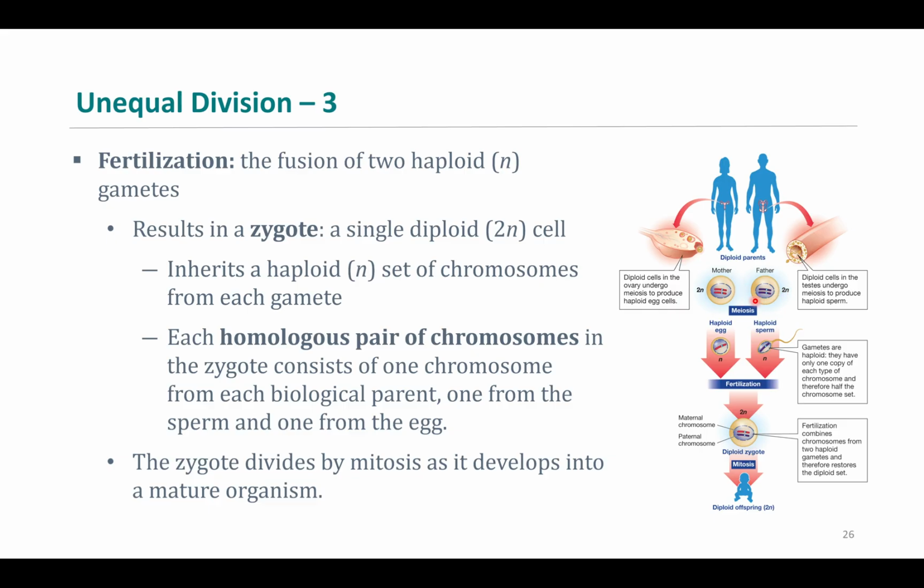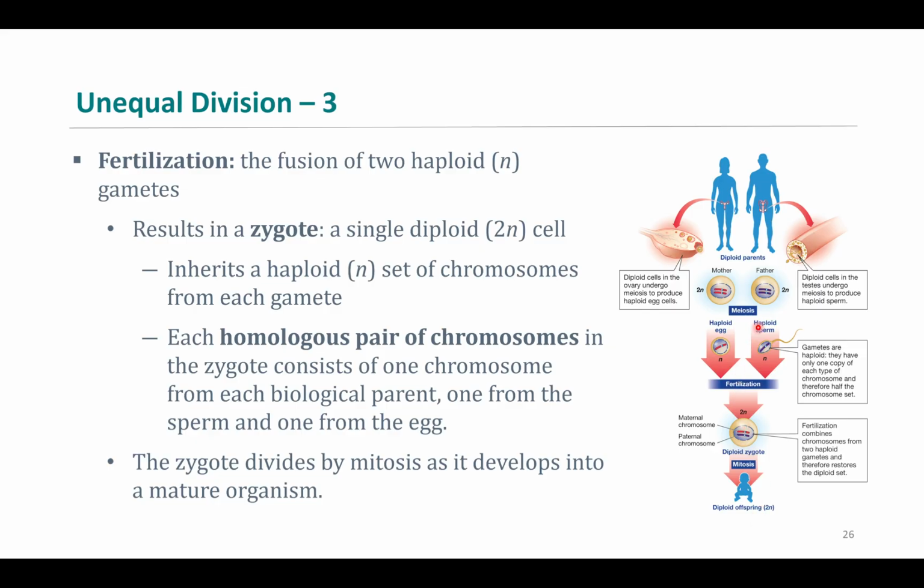When these two go through meiosis, they produce egg and sperm that are haploid, N and N. When these two get fertilized, then the baby has a 2N diploid zygote. In that way, all the human species will continue to have 2N or diploid chromosomes.